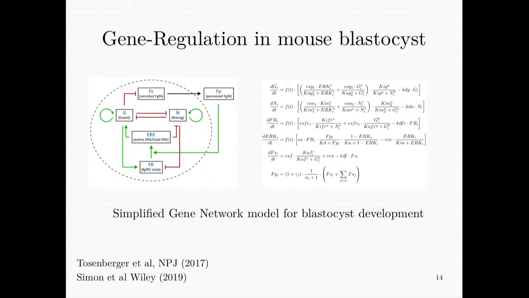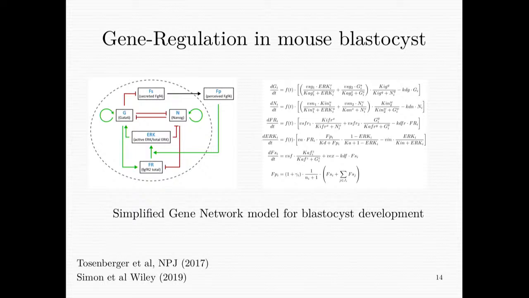That kind of model looks at the molecular details, but from the geometric perspective you want to do something different. You want to ask what this landscape could be, and whether there are different possibilities for how these fixed points, the inner cell mass, primitive endoderm, and epiblast, are connected to each other.